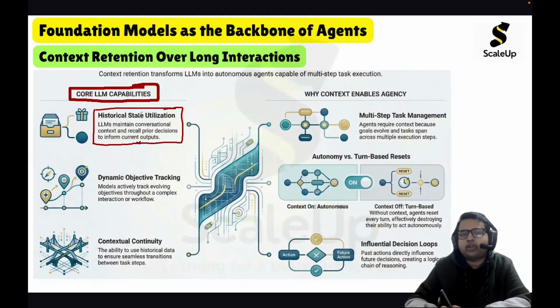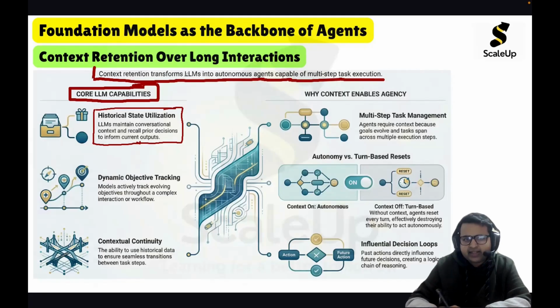It is maintaining the historical state, and it is utilizing the historical state. So LLMs maintain conversational context and recall prior decisions to inform current outputs. This context retention is very powerful, because it transforms large language models into autonomous agents capable of multi-step task execution.